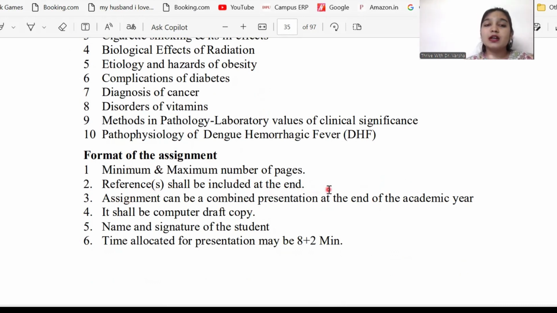Whatever you have referred, you have to mention at the end under the title reference. But ask your professor in what pattern they need the reference. Either you just copy paste the URL, or you need the URL converted into Vancouver style, or whatever book you have referred, you need it written in Vancouver style.